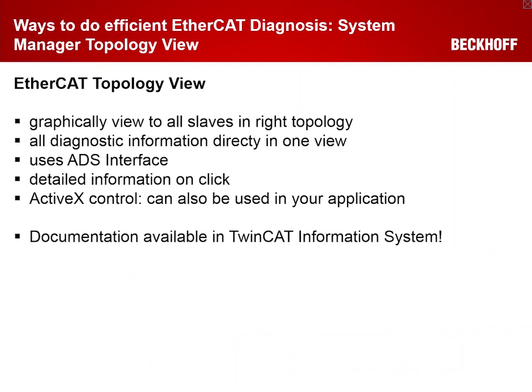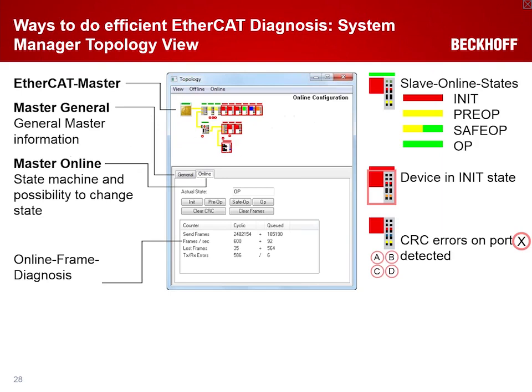This is internally used, but you can also use this in your application because it's an ActiveX control, and also documentation is available how to use the topology view inside your own applications. This topology view uses ADS, so you only need ADS to do this diagnostics inside your application.